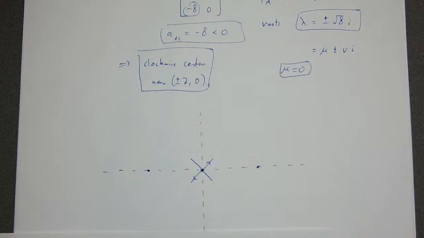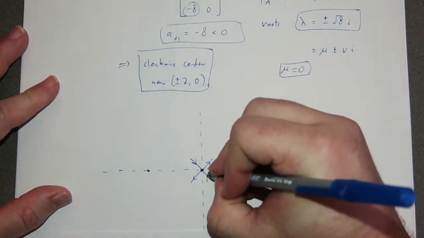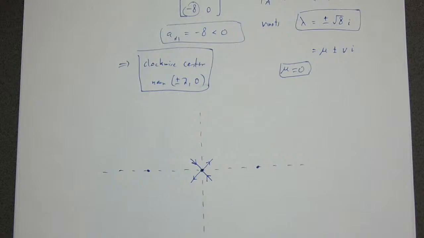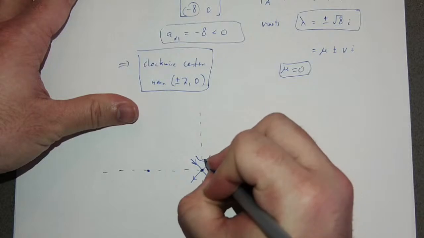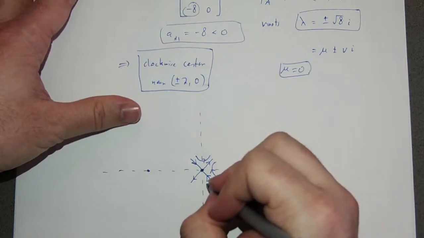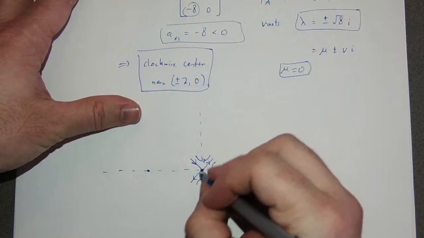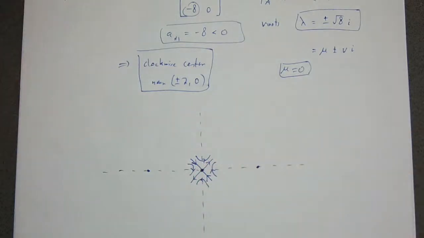Right, this is positive, so it's moving away from the origin. Along the other one, I have motion toward the origin. So that's what's going on. Any other trajectories nearby look something like this.